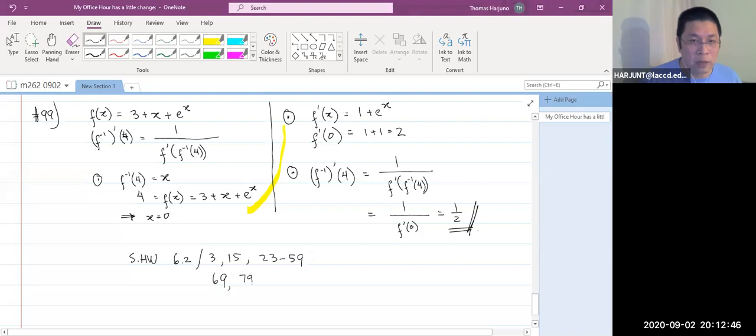Important one, 79 to 93. Number 103 is also interesting. It's very conceptual. Think about that one question.